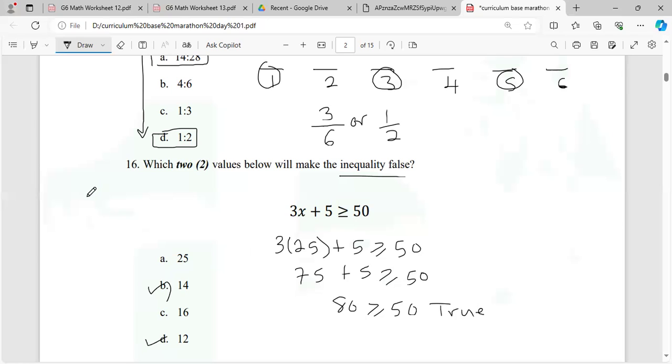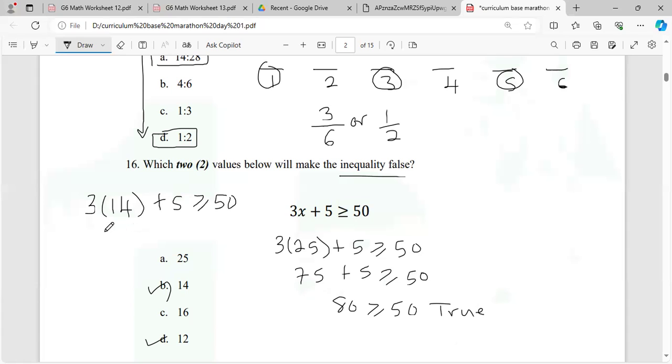So it's 3 times 14 plus 5, and we're going to see if it's greater than or equal to 50. Notice the line under it, guys. It means equal to.